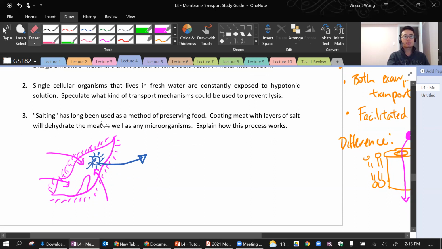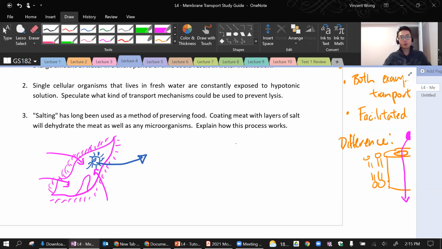Next, salting has been used as a method for preserving food. Coating meat with layers of salt will dehydrate the meat as well as any microorganism. Explain how this process works. It's quite obvious. By having a lot of salt, you are creating a hypertonic environment, and it will suck out all the moisture from the microorganism, drying them out, killing them.